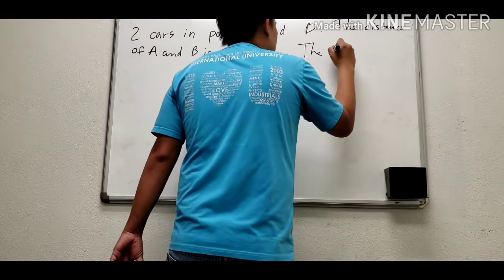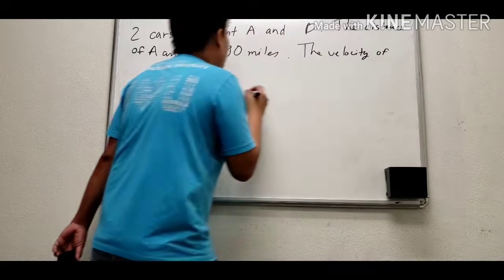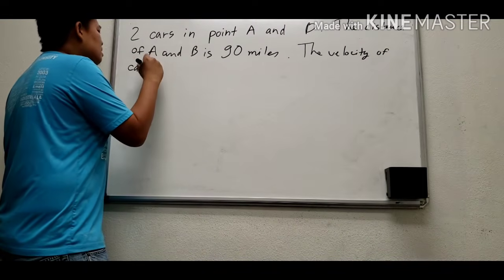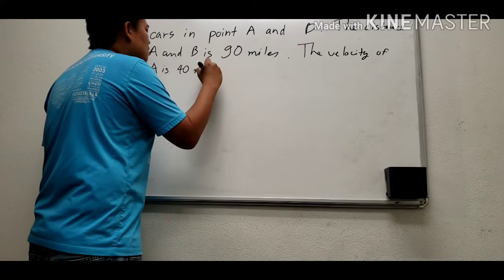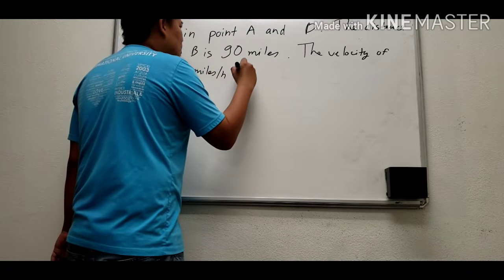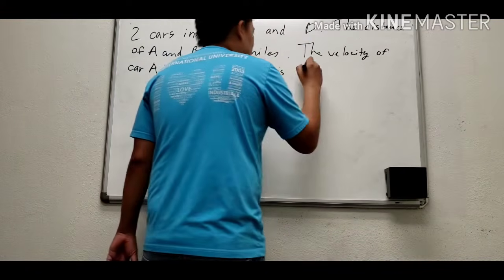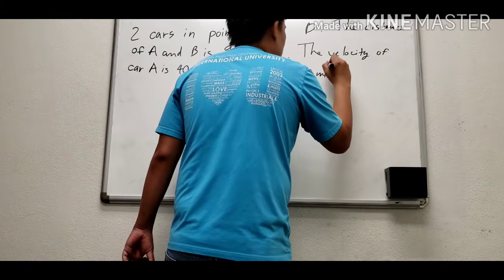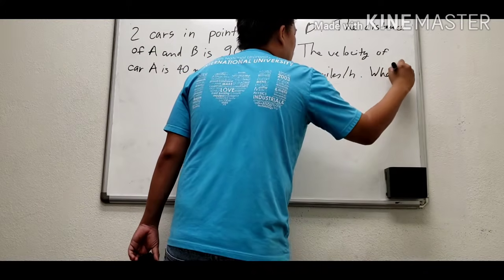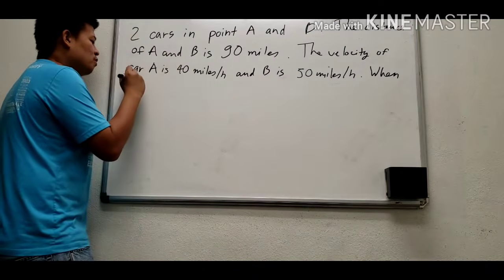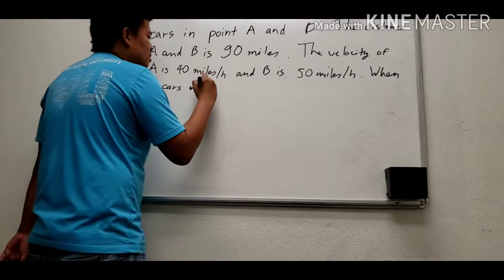The velocity of car A is 40 miles per hour, and car B is 50 miles per hour. When will the two cars meet?